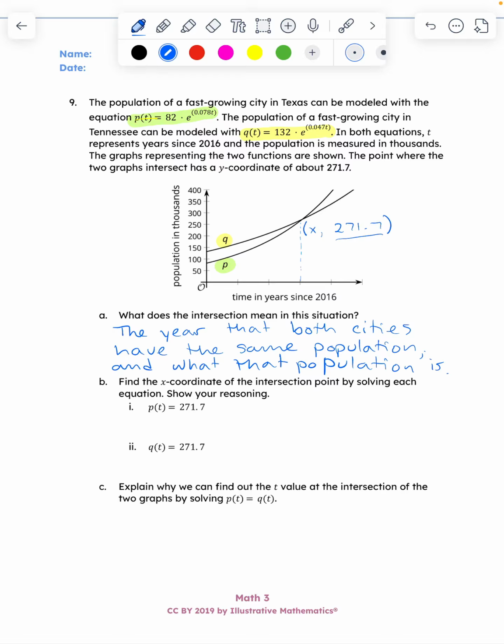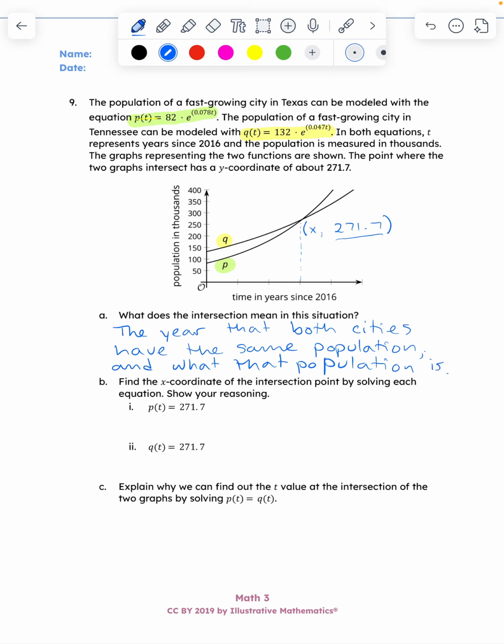All right, so we want to know when that was. It's hard to read from a graph, as we've established before, especially when our axes aren't labeled as clearly as we want them to be. So we're going to do it the more precise way by solving these equations. So in our first case, we have P of t is 271.7. So we can plug that in.